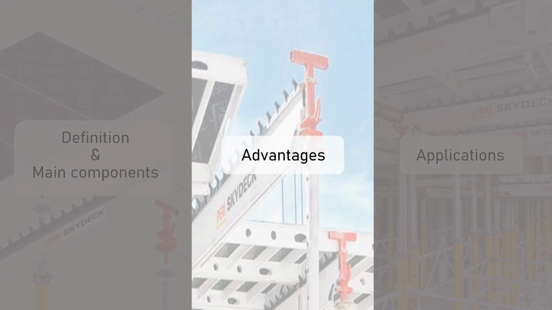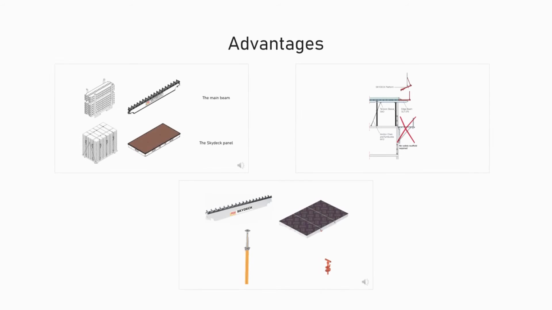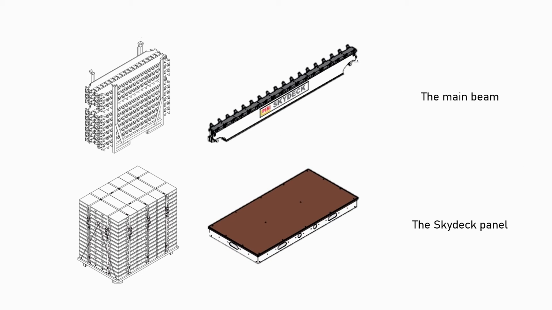From now on, let's figure out what might be the biggest advantage of Skydeck. There are so many advantages, but today I will introduce the 3 strengths that most fit with the Absolute World Towers. First, Skydeck formwork doesn't require much effort.